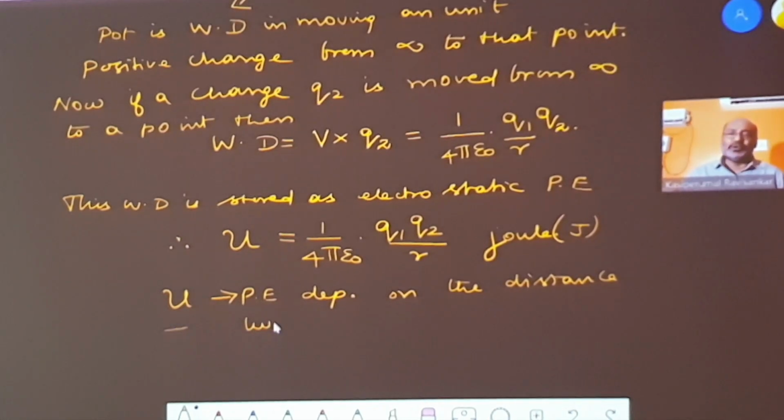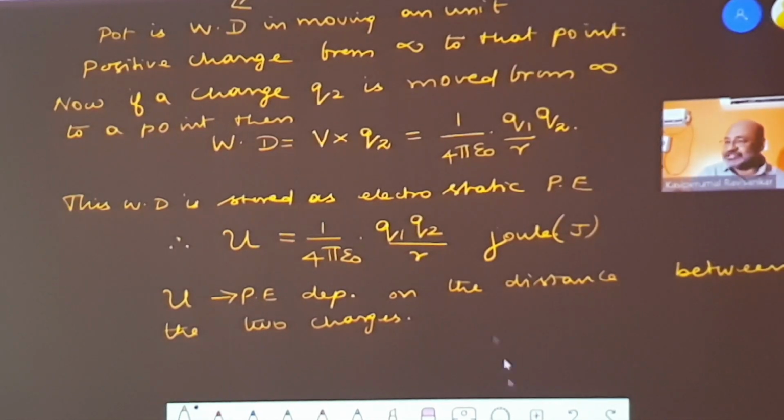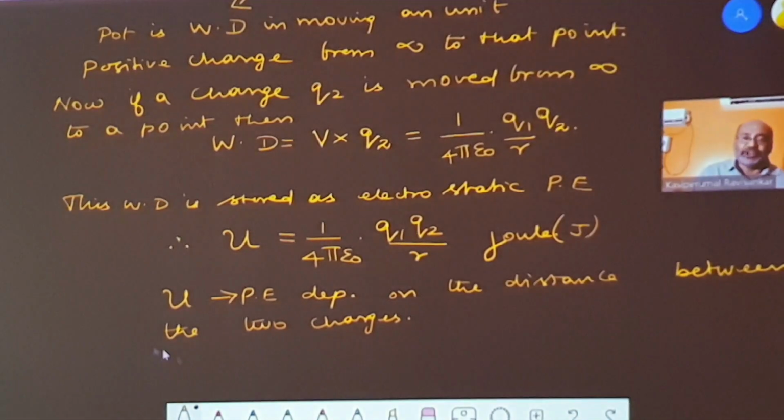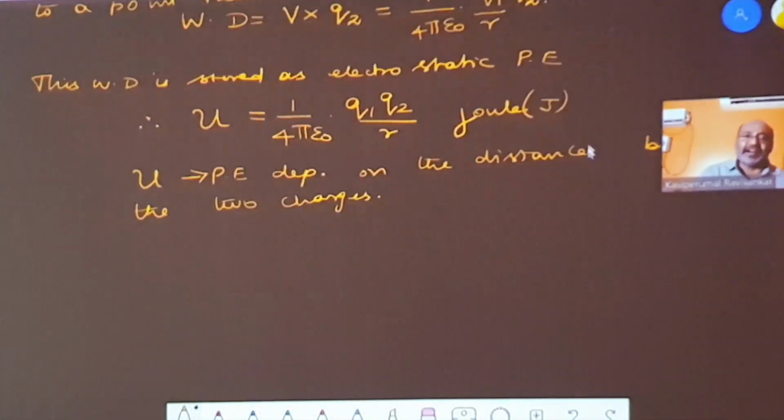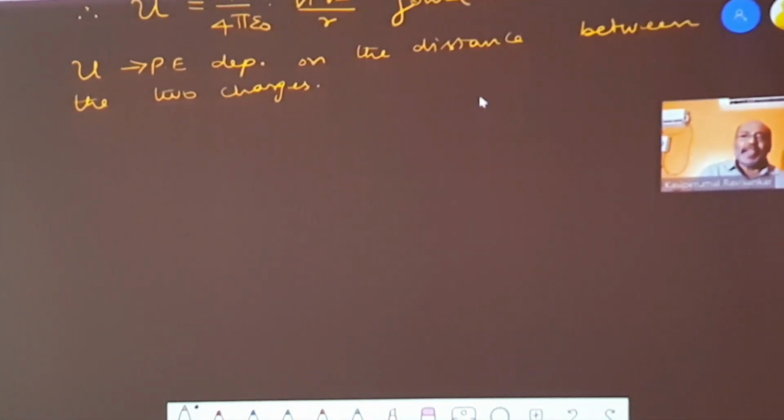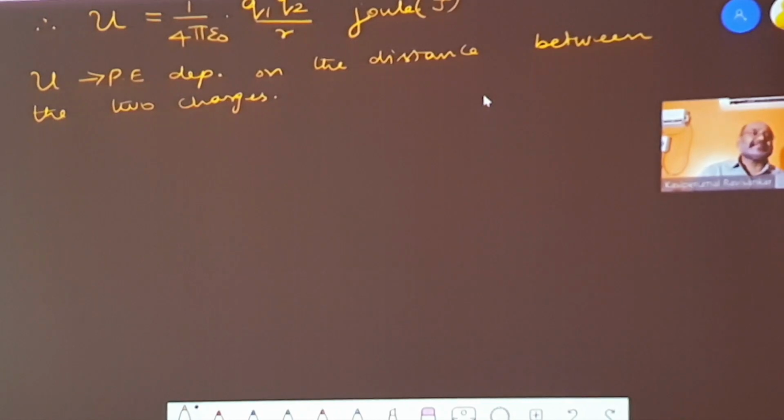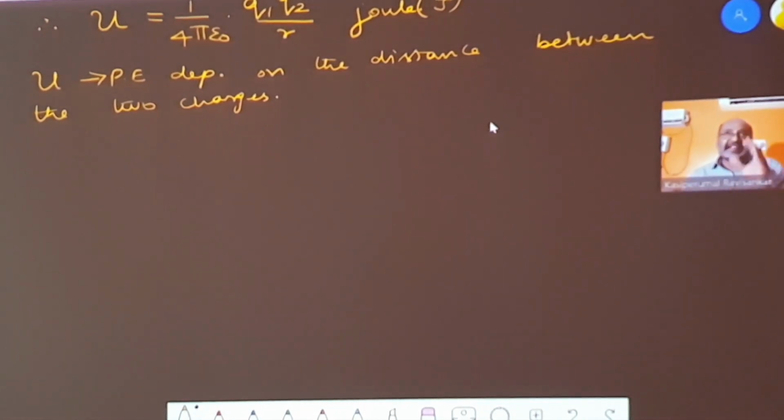Based on this work done, the potential energy is defined. We can state that potential energy is the work done in moving one charge from infinity to a point inside the electrical field, or we can say work done in assembling the charges.